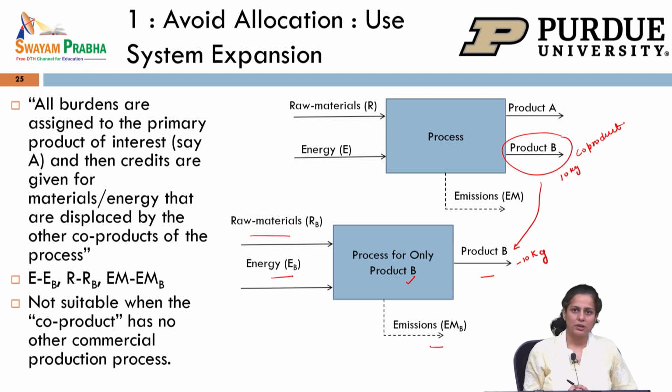So, here then our actual impact that we give to product A is E minus EB, R minus RB and EM minus EMB, because we are giving the credit to product A for displacing the required amount of product B manufacturing from some other process.